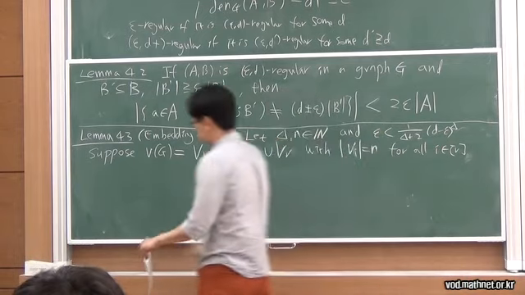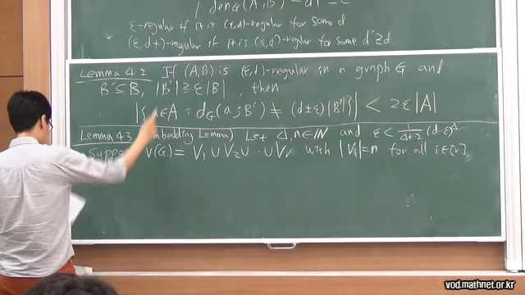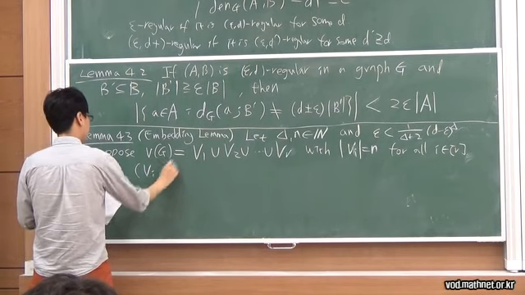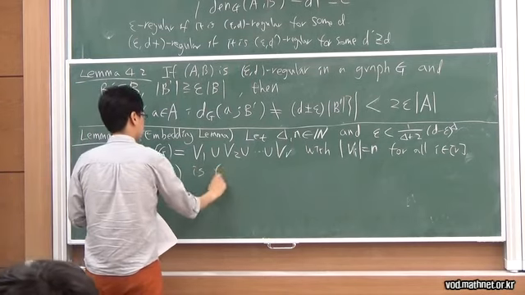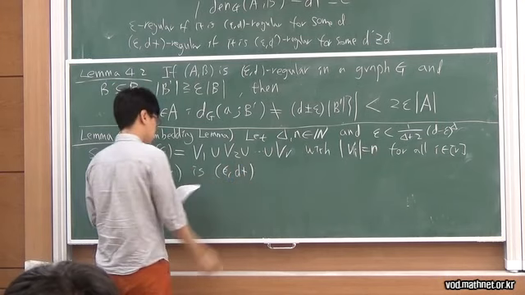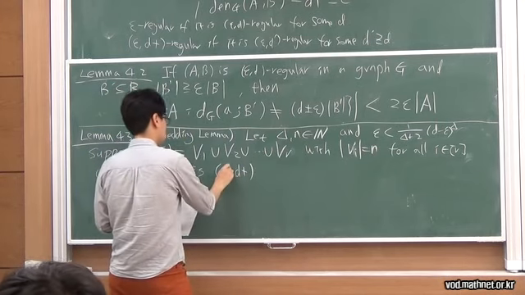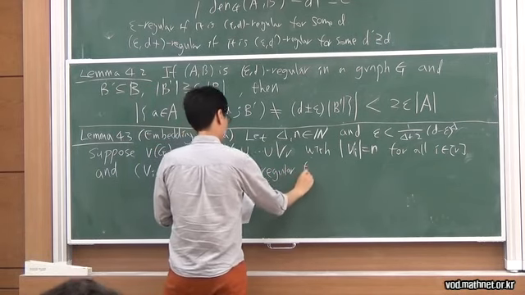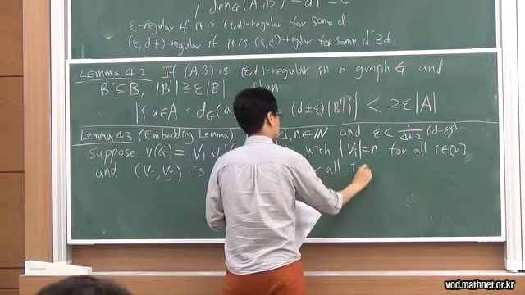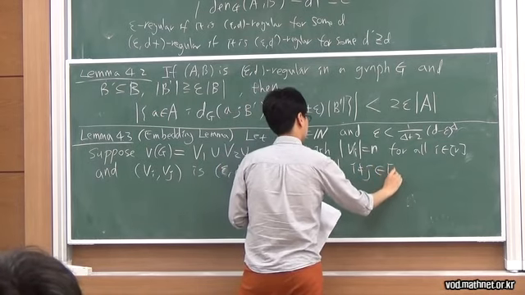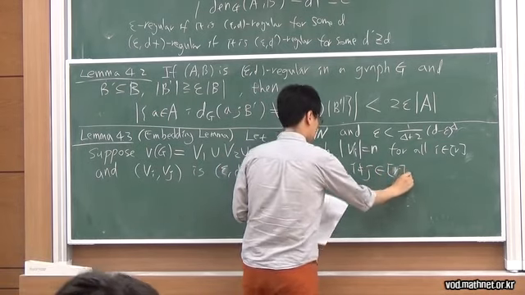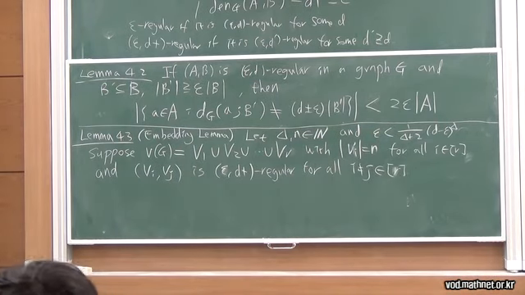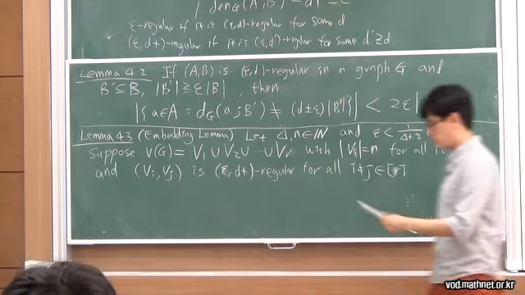It admits the structure of epsilon regularity: V sub i and V sub j are epsilon regular with density at least d for all distinct i and j between 1 and R. So G has the epsilon regularity structure that we described before.